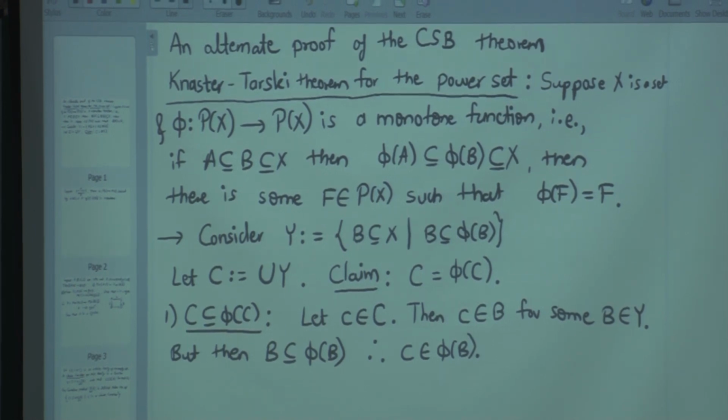C belongs to B, so it belongs to the left-hand side, so it belongs to the right-hand side, so c belongs to phi B.